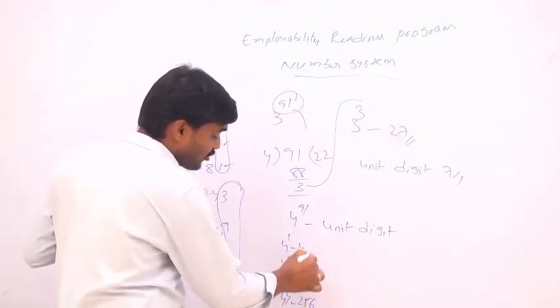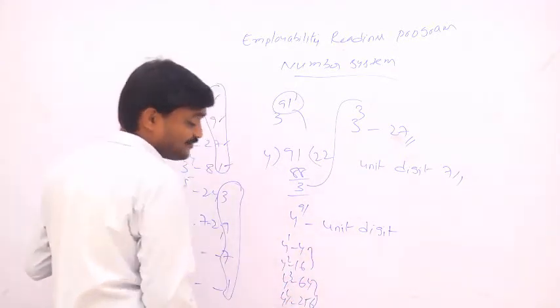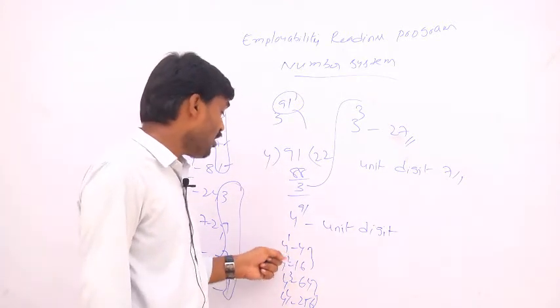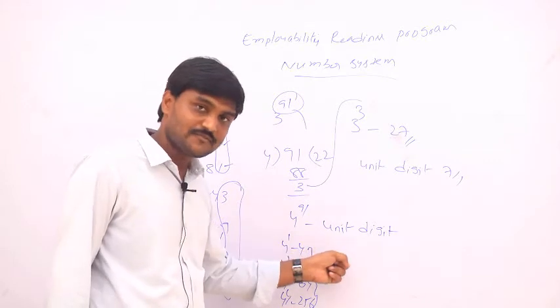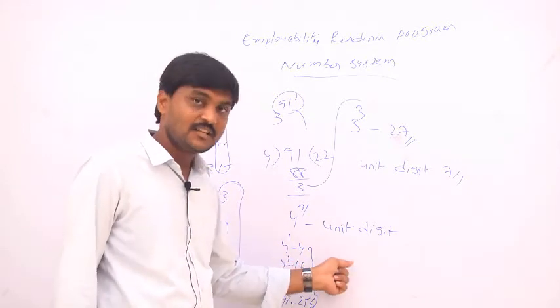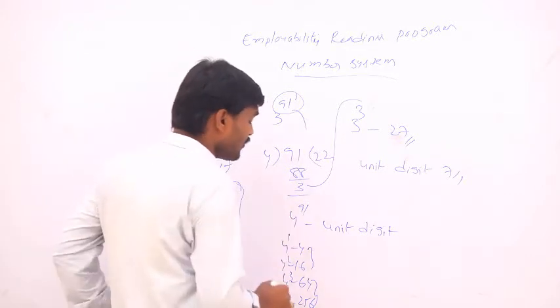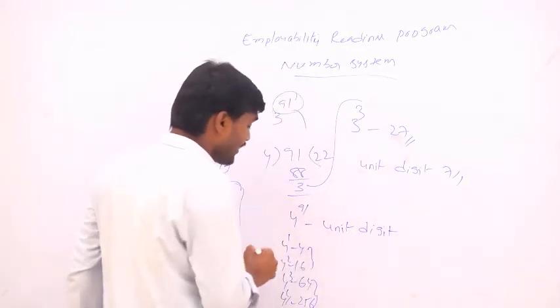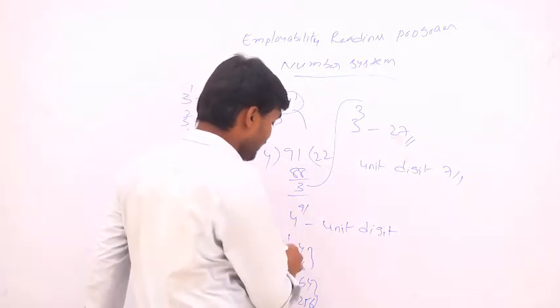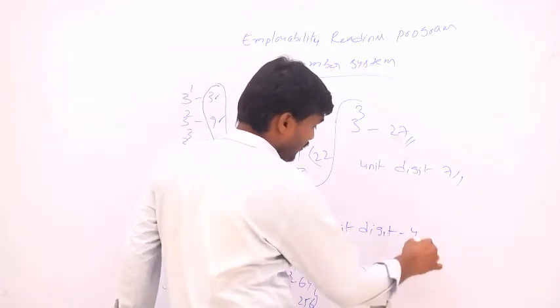So 2 elements are repeated. That is, 4 power odd number, the unit digit is 4. 4 power even number, the unit digit is 6. 4 power 91 is an odd number, so the unit digit is 4.